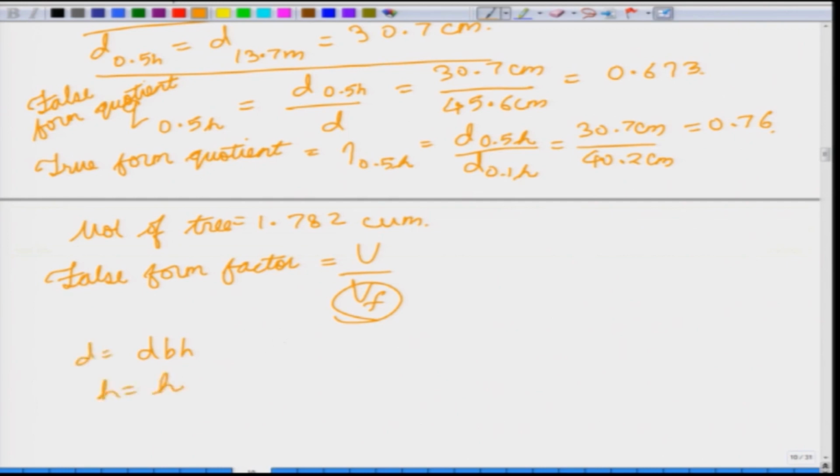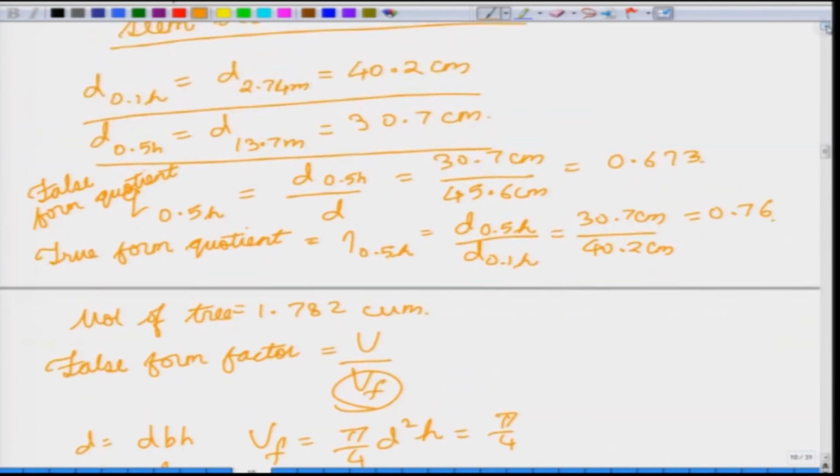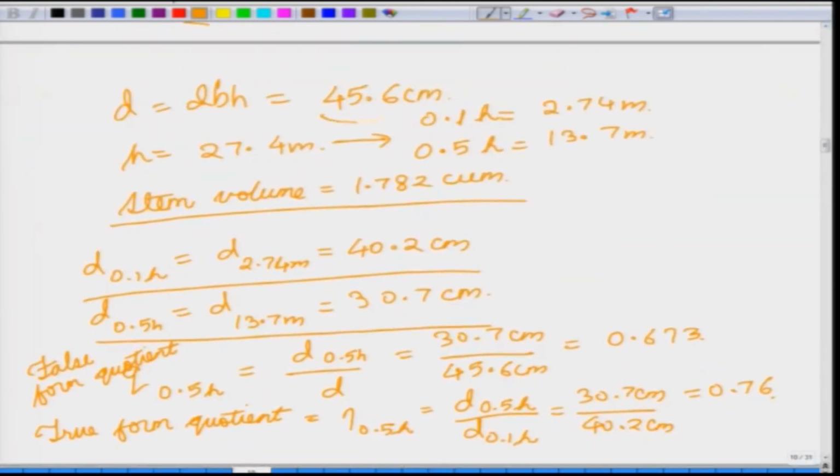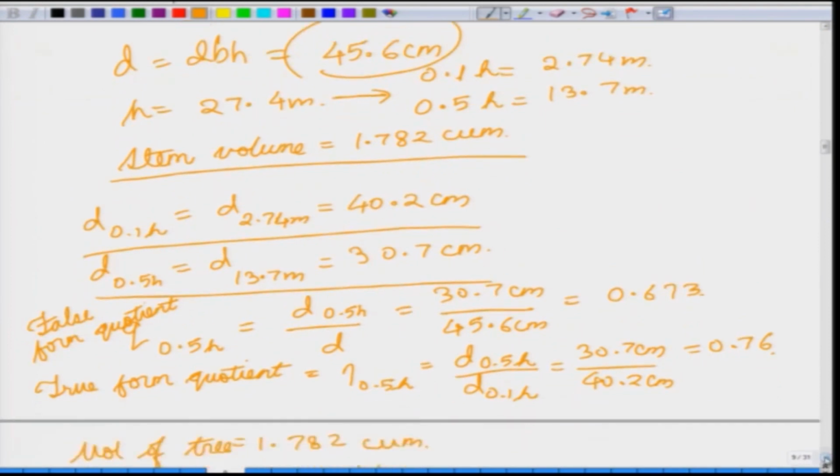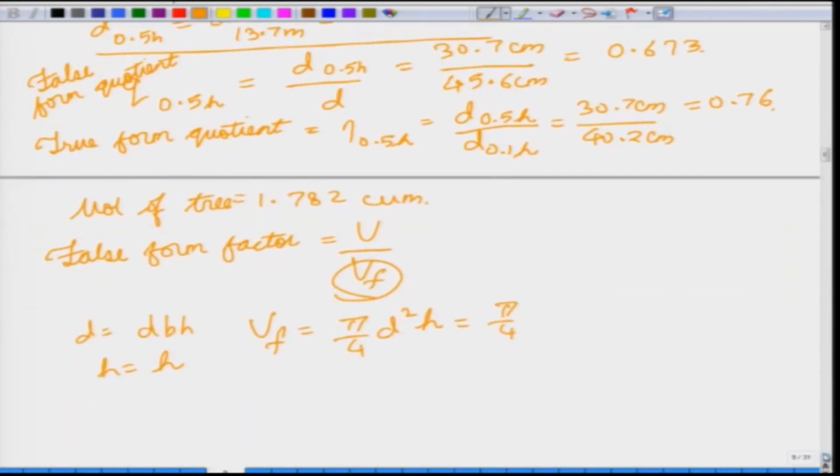So, the volume of a cylinder is pi by 4 d square h. Here d is 45.6 centimeters, which you convert into meters by dividing by 100, and the height of the tree is 27.4 meters.